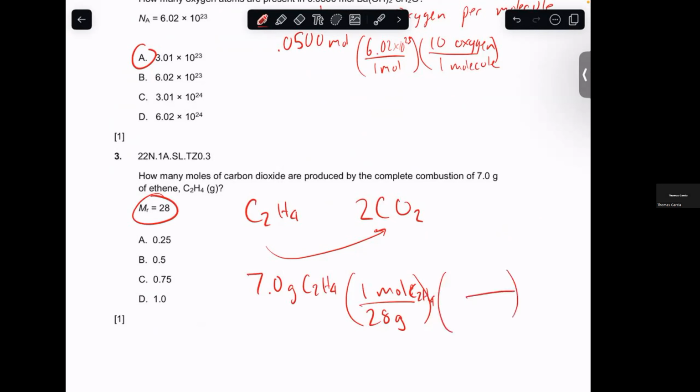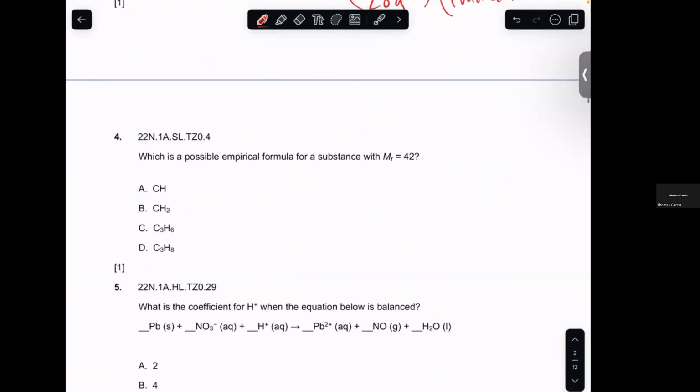We'll then use the mole ratio that we just figured out. For every 1 mole ethene, C2H4, we have 2 mole CO2. So all we have to do is plug that into our calculator, and we find that our answer is B, 0.5 moles.